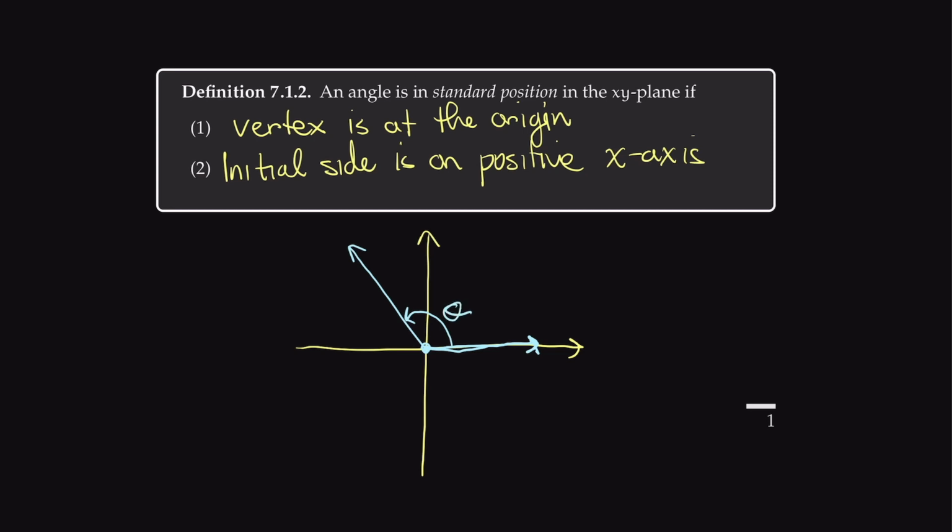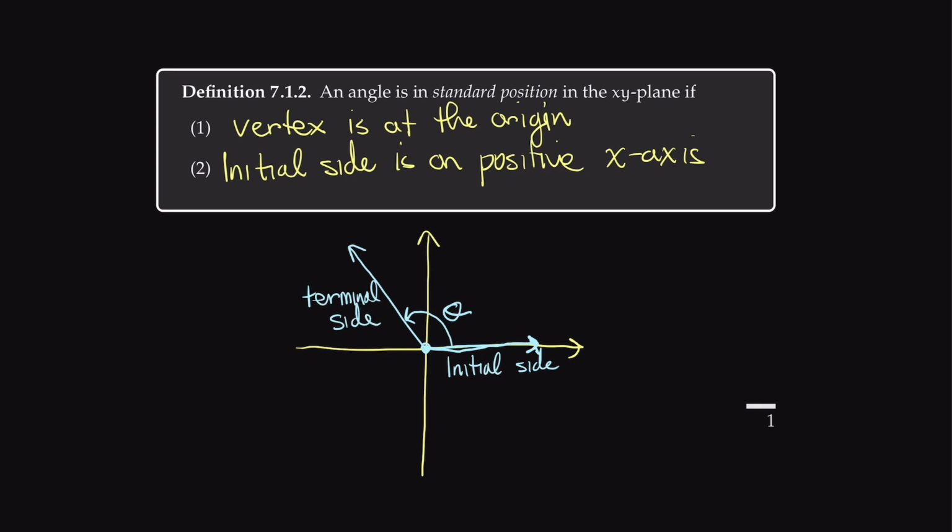Okay, so in order to be written as a positive angle, notice that this is going in the counterclockwise direction from the initial side. And we'll talk more about that later. So this beginning side is called the initial side. And then we have the terminal side. So that's terminology that we'll be using throughout the course.